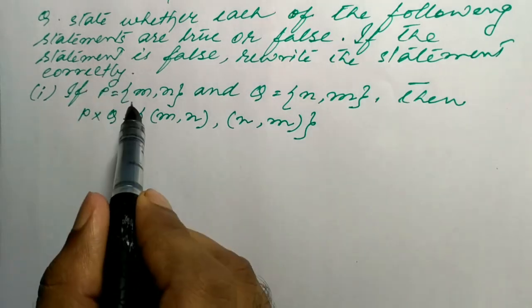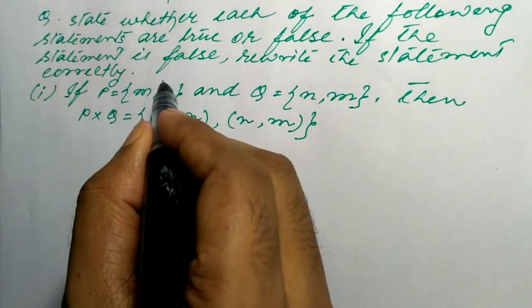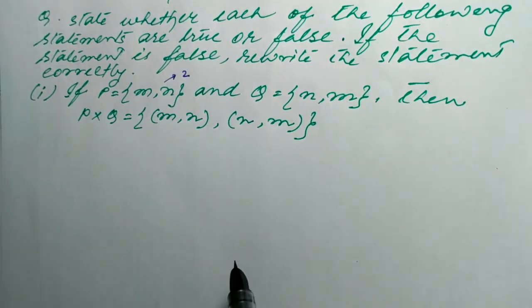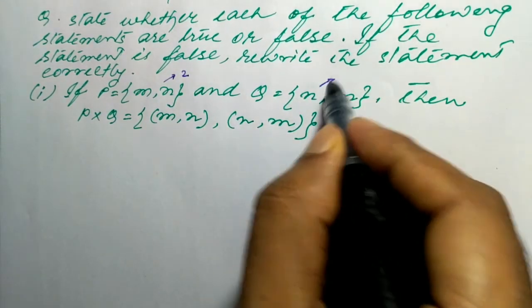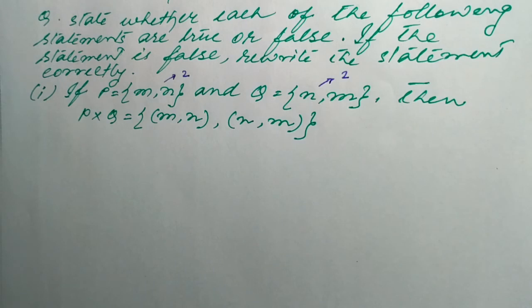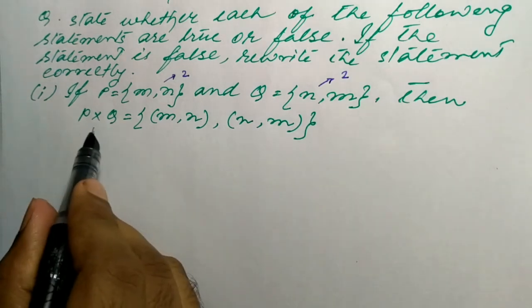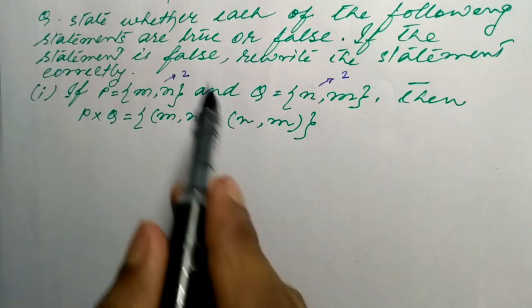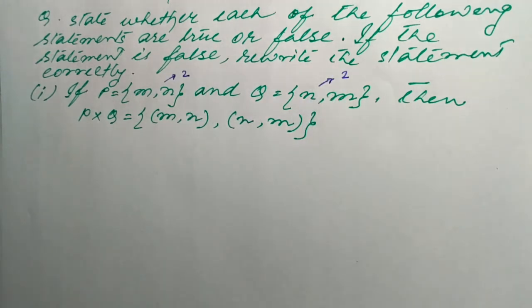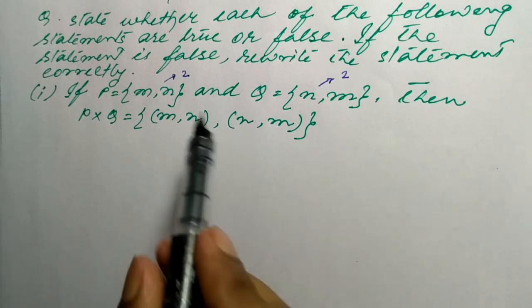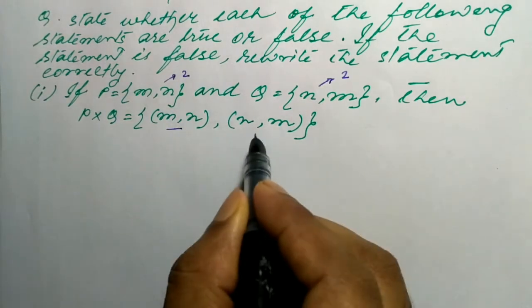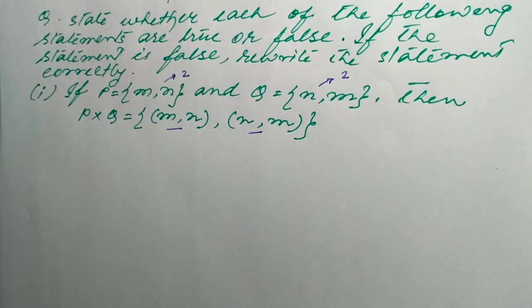Here the number of terms in P is equal to 2, and the number of terms in Q equals 2. Therefore in P × Q there are 2 × 2 equals 4 terms. But only 2 terms are given.